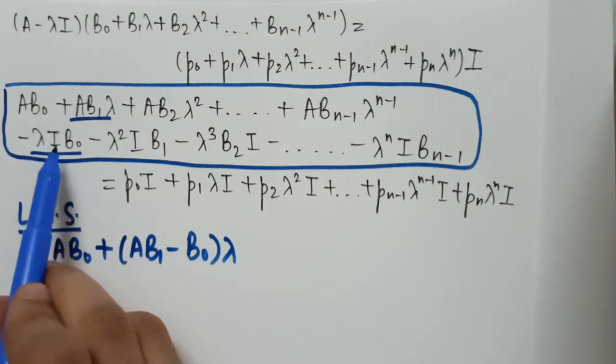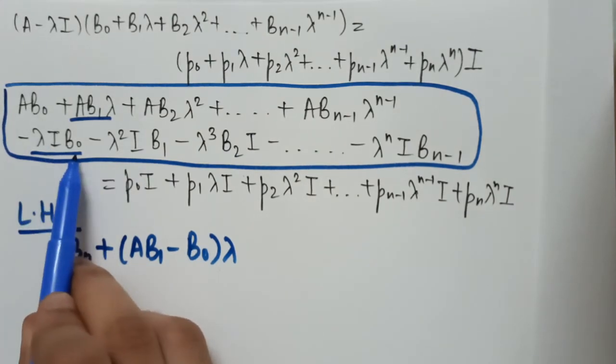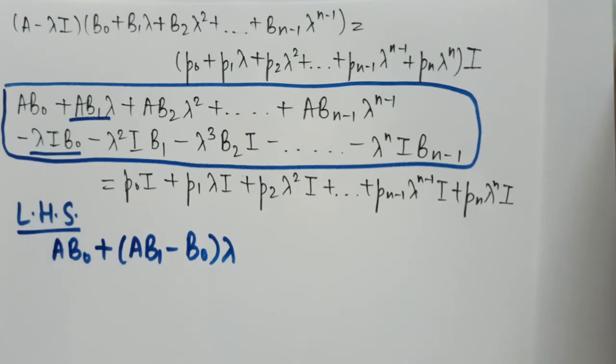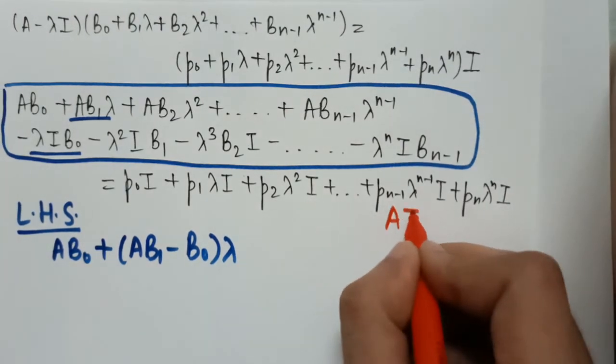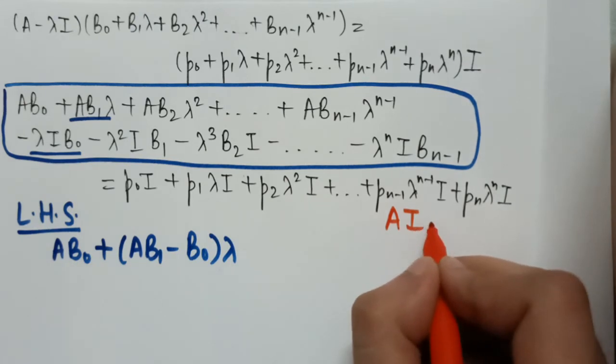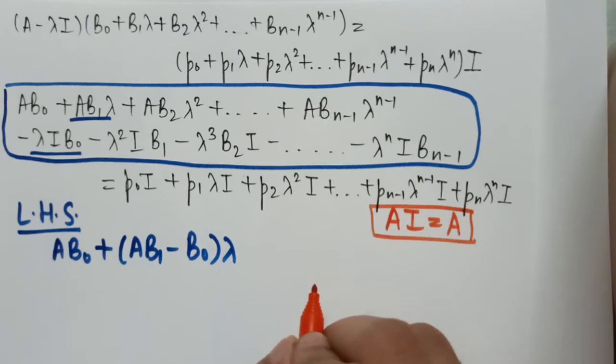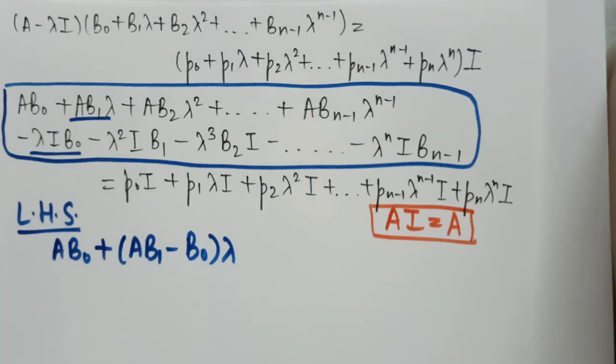Remember here I am writing B naught instead of I into B naught because this is the property of the identity matrix, that whatsoever matrix we multiply with the identity matrix, it will give the same matrix as the result. And since B naught is a matrix, I into B naught is equal to B naught.